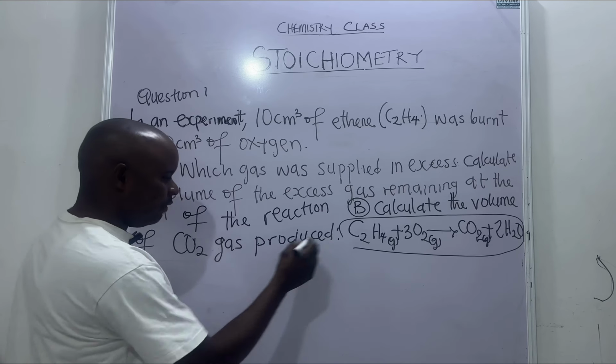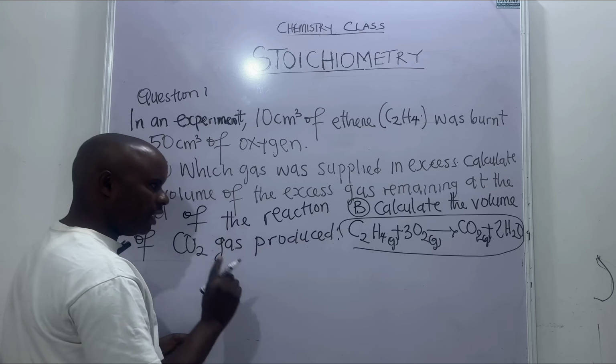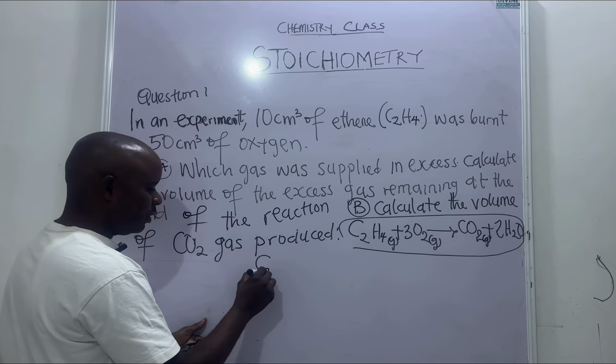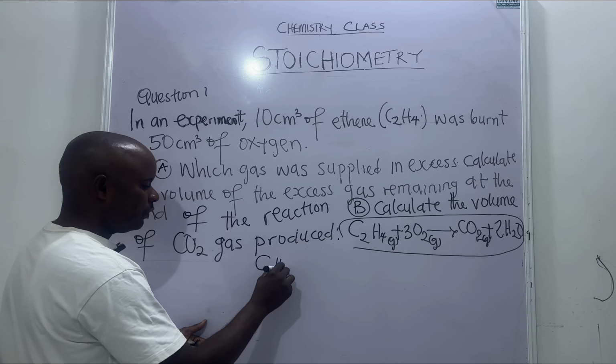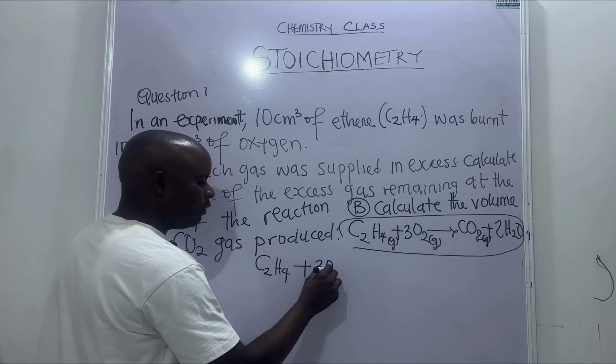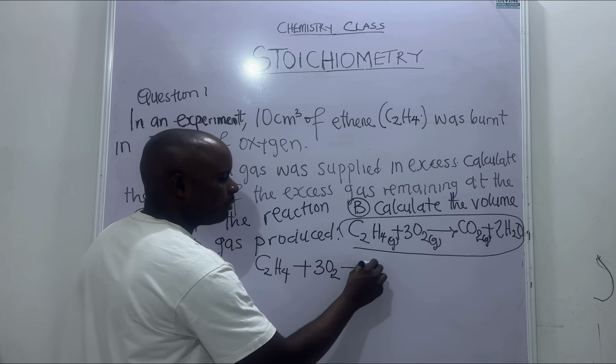Look at this equation. The first step in stoichiometry is that the equation must be balanced. We say C2H4 plus 3 moles of oxygen gives 2 moles of carbon dioxide plus 2 moles of water. Let's check whether this equation is balanced.